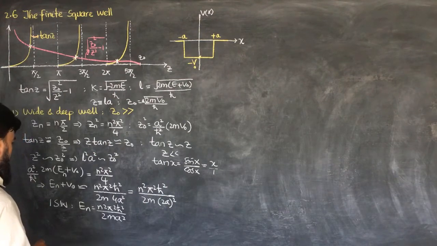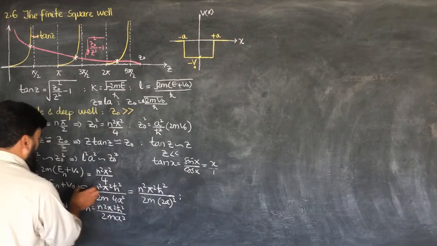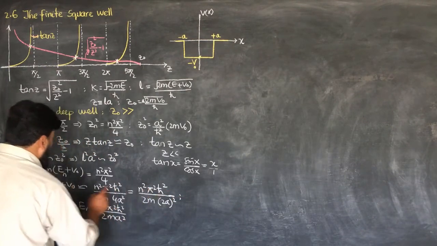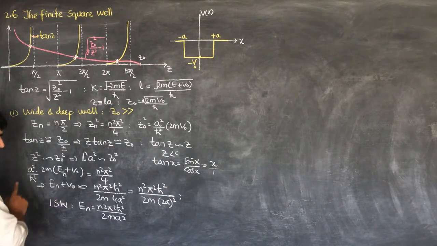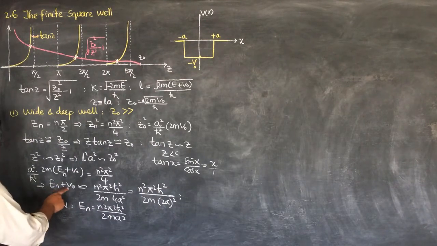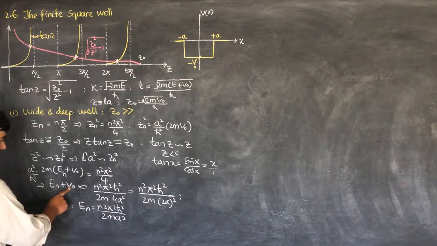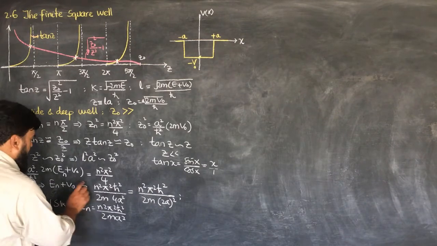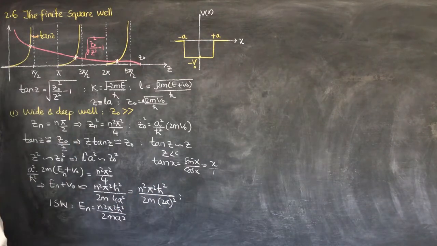So this seems to be the finite square well energy, but with finite V naught. And if I consider that V naught is infinite, then the infinite potential will cause this energy to be the energy of the infinite square well.